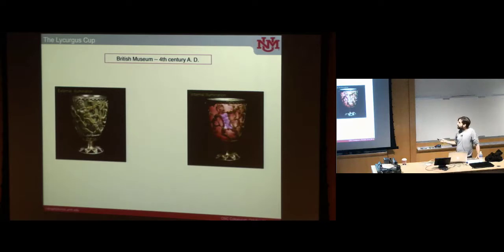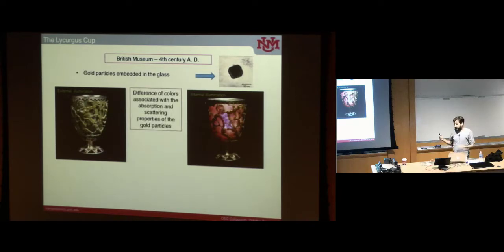And this change of color is actually due to the fact that the glass contains gold nanoparticles. And of course the difference in the colors is just associated with the optical properties that those gold nanoparticles produce. And those properties are, of course, determined by the localized surface plasmon they sustain.